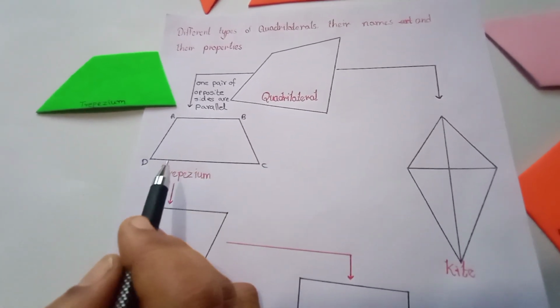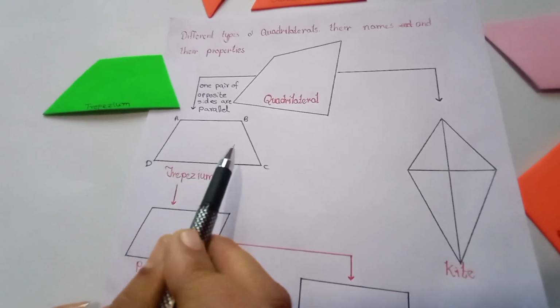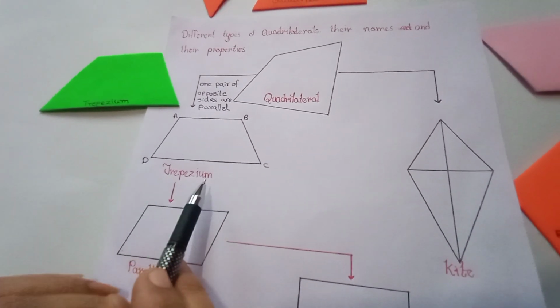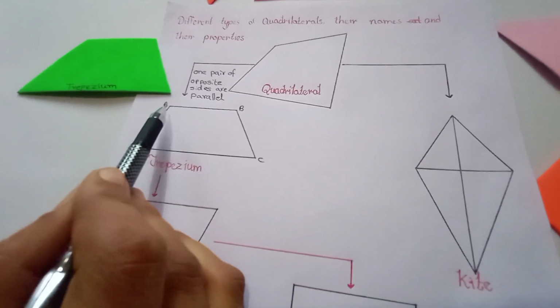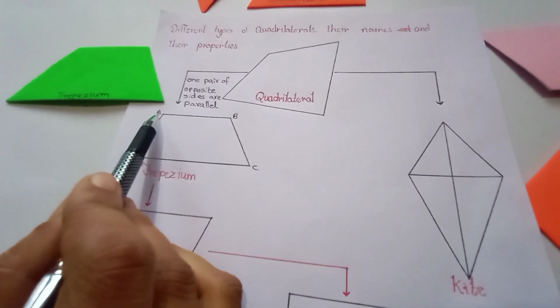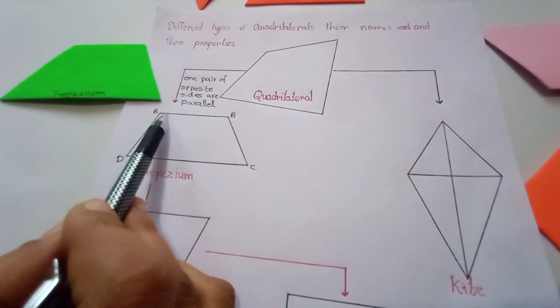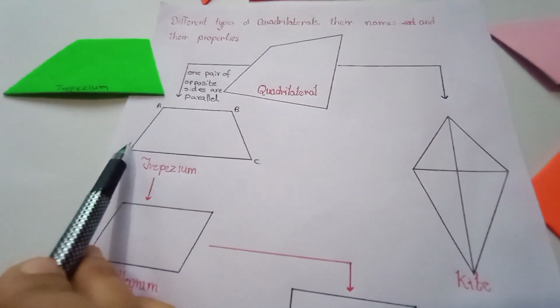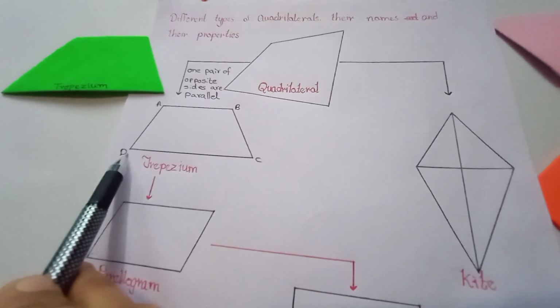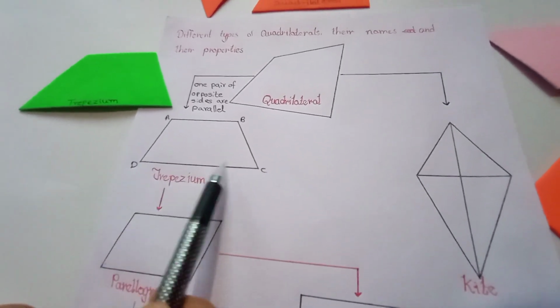In this trapezium, we can see that AB is parallel to DC.